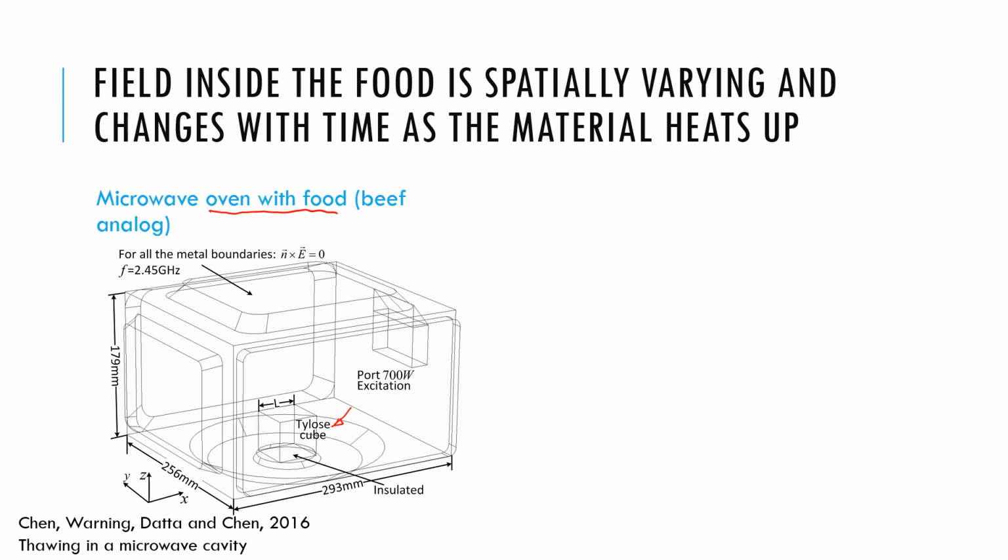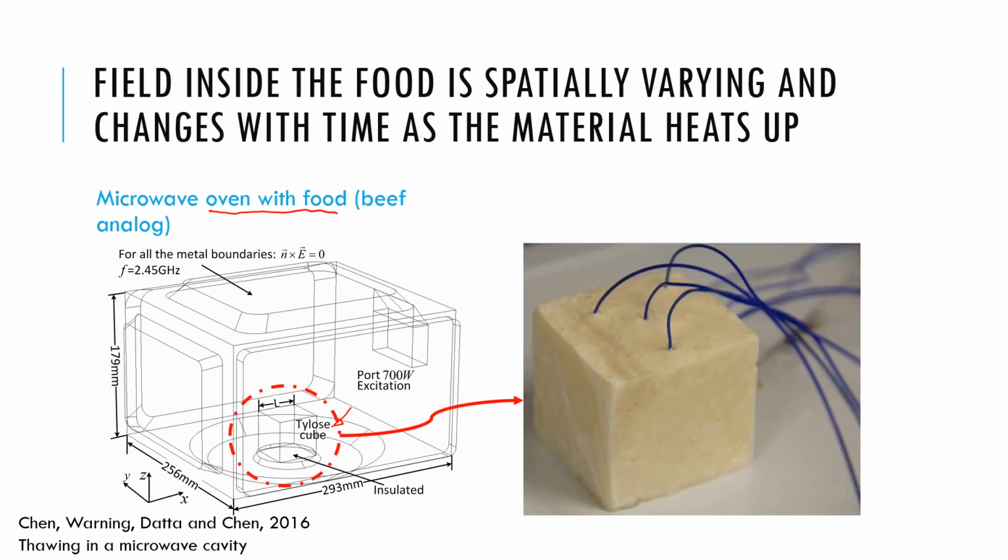And so think of this as a frozen cube that, blown up, looks like this. It's a frozen cube, and by the way, these green pieces, these cords, are the fiber optic temperature sensors placed before freezing, so that we can measure the temperature experimentally.